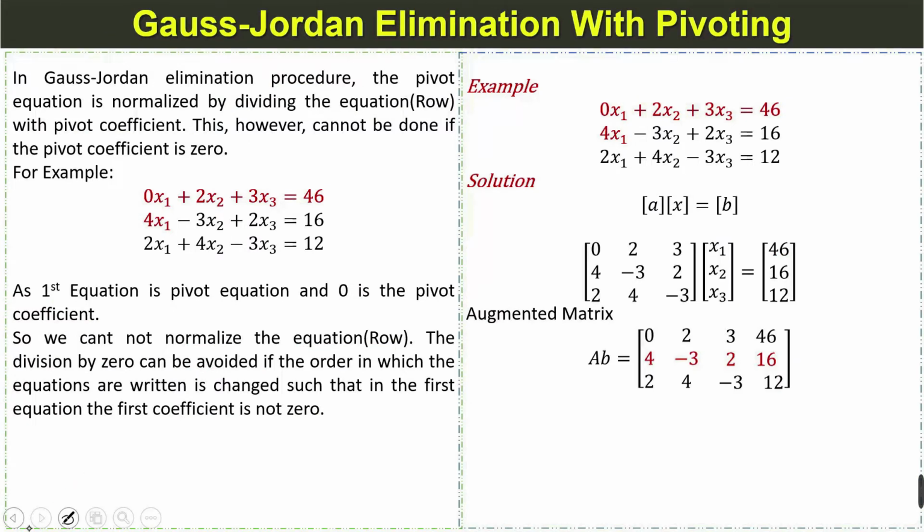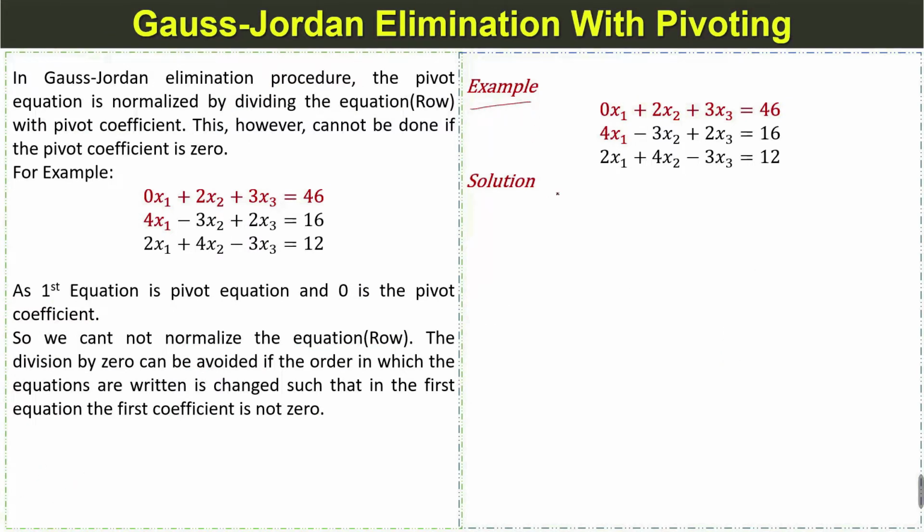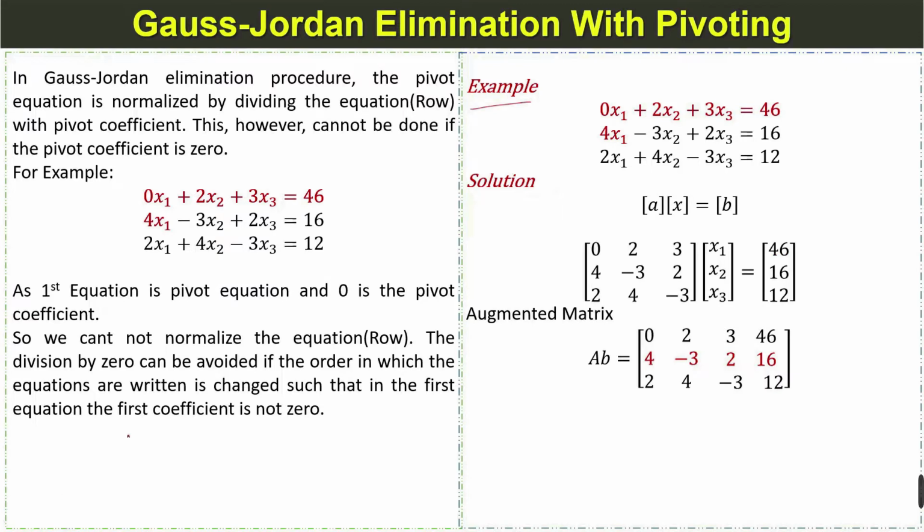Next we have an example, and first we write this system of equations Ax = b in matrix form, and here we have the augmented matrix. We write this one and this one as an augmented matrix to apply the Gauss-Jordan elimination method.